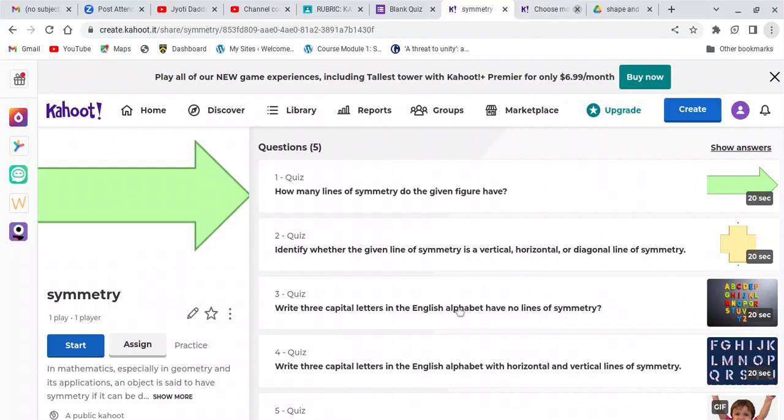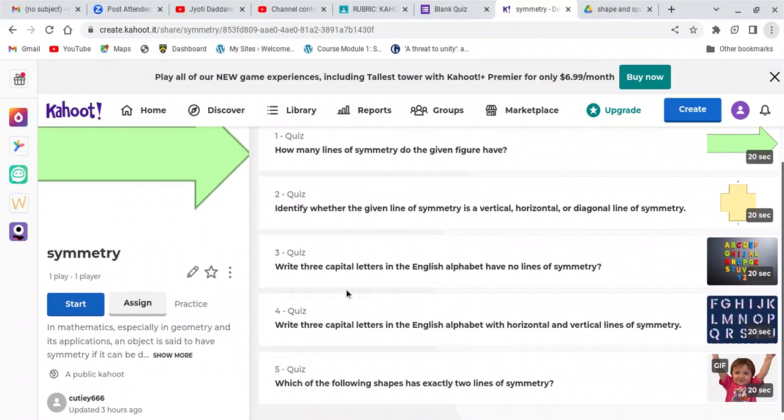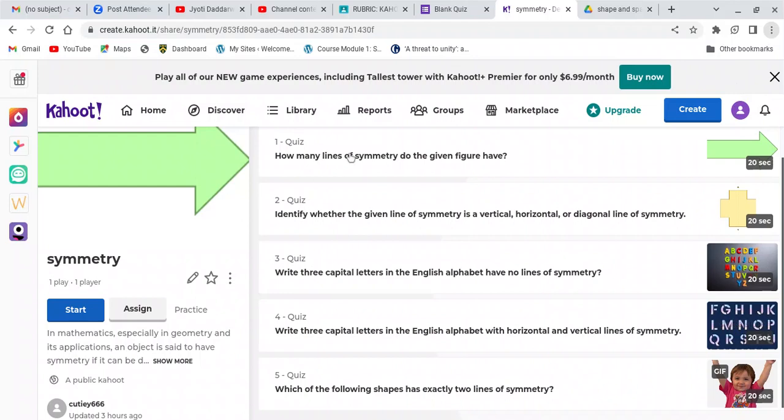I will show you my questions here. This kind of question: how many lines of symmetry does the given figure have? This figure is there. Then, identify whether the given line of symmetry is vertical or horizontal.